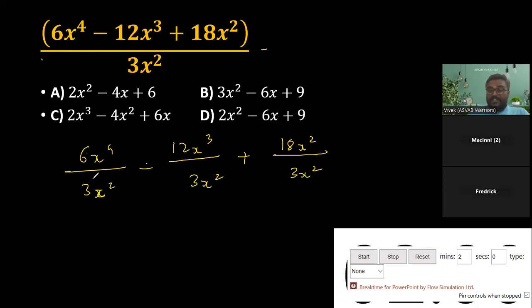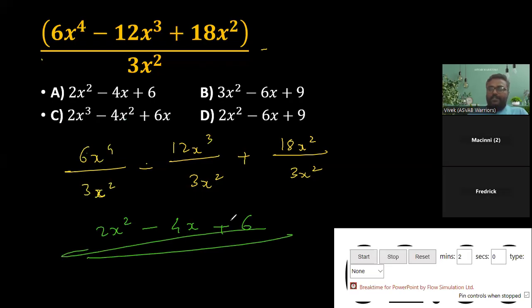Now, 6 divided by 3 is nothing but 2. X to the power 4 divided by x to the power 2 would be x to the power 4 minus 2, which is x to the power 2. Minus 12 divided by 3, 4, x, plus 18 divided by 3, 6, and x square gets cancelled. So we have this as our answer.